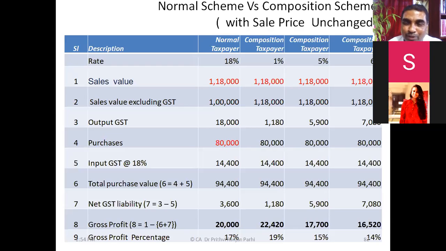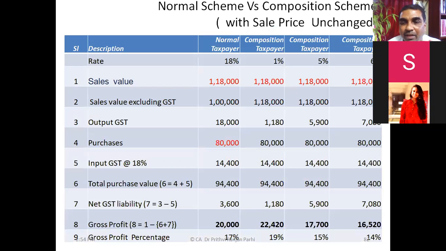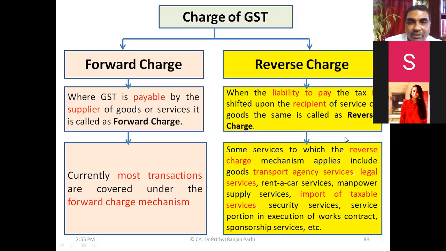So there is a possibility that a service provider may charge his customers or clients at a lower rate. Did you understand this example? Yes, sir. Okay. Now, what is reverse charge?